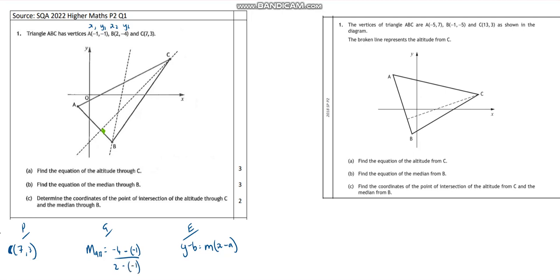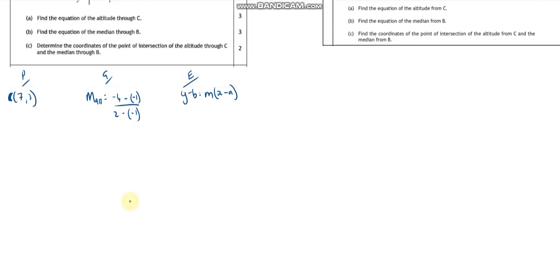Y2, take away Y1, divided by X2, take away X1. Fantastic. So now I can just go down for a bit. So that's -4 plus 1, so that's -3. Add 1 is 3, so it's a gradient of -1. -3 divided by 1. Okay, so that means that M perpendicular is going to be equal to +1.